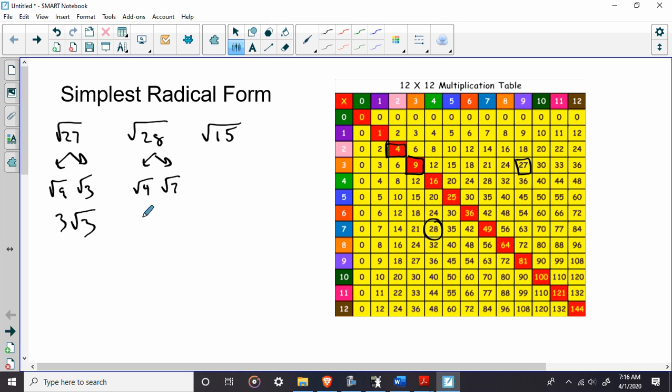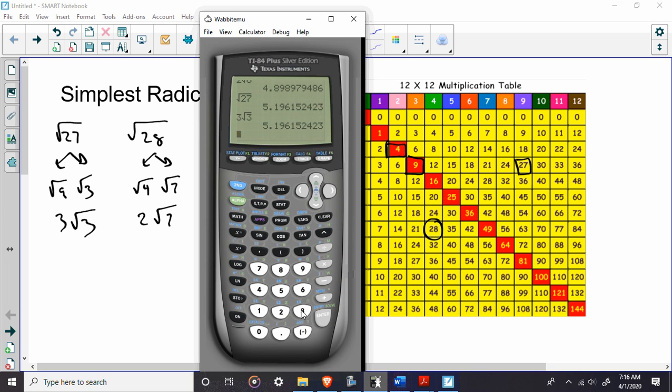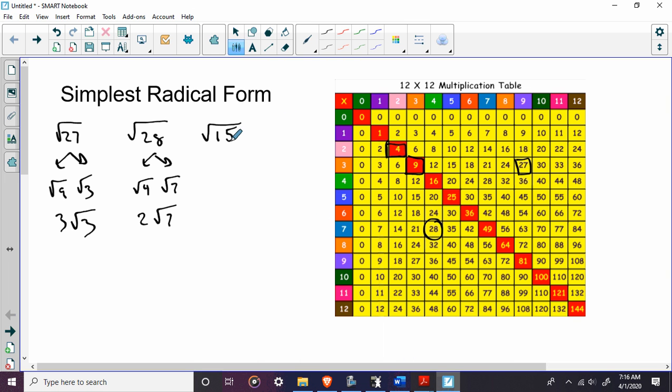Okay, well, square root of 4 is 2, and the square root of 7 is radical 7. So let's go ahead and say the square root of 28. And let's go 2 times radical 7, just make sure we got the same number. Perfect.